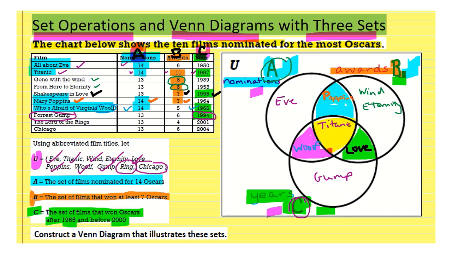So that means that outside of the circles will be Rings and Chicago. They are in the universal list, but they do not strictly fit into one of these categories defined by the Venn circles.